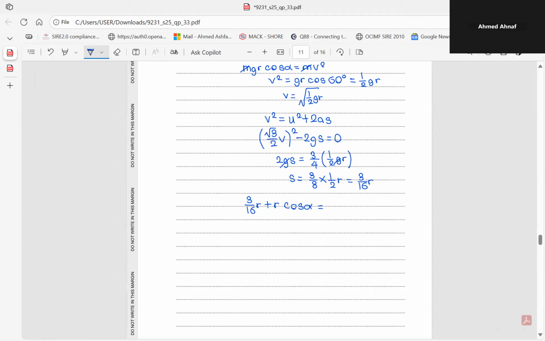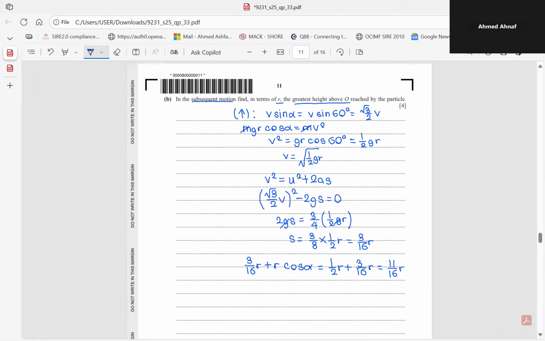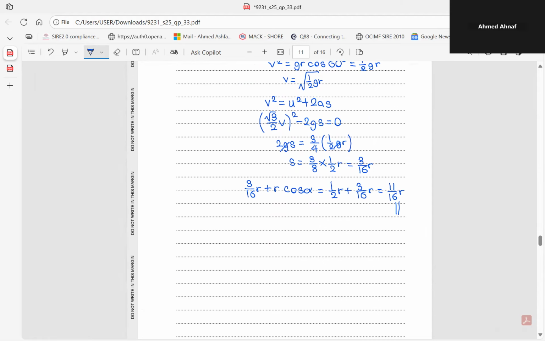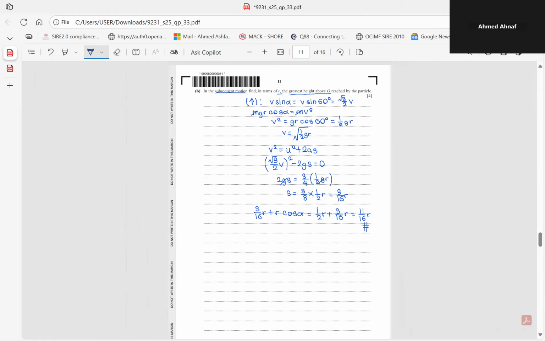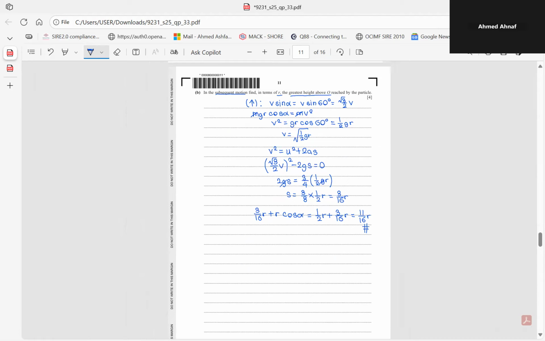Cosine alpha is just half, so half R plus 3 over 16 R, you would get 11 over 16 R. Yep, so this is our final answer for this last part of this question, as well as the entire question.